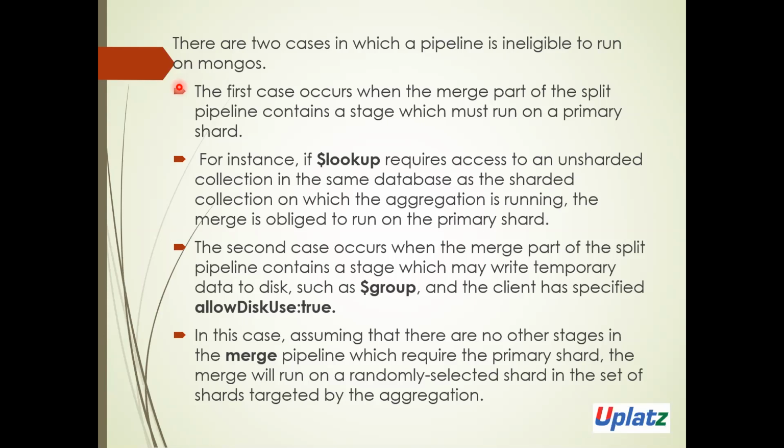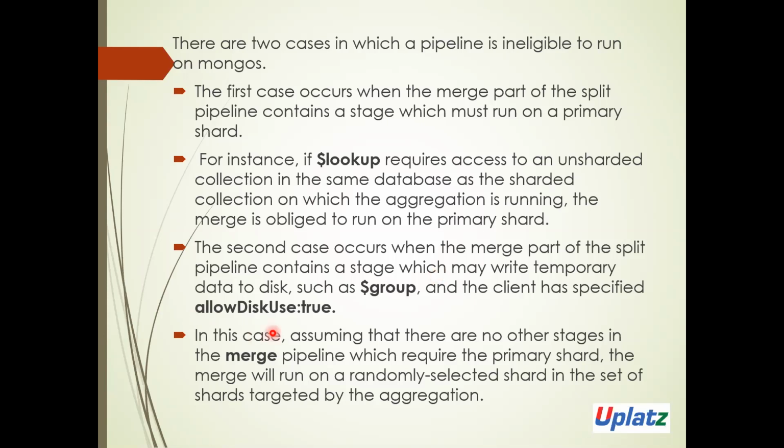But in the second case, how does it occur? The merge part of the split pipeline contains stages which may write temporary data to disk, such as group, and the client has specified allowDiskUse true. If this is true, it will split the aggregation stages and temporarily write data to disk, such as group, with allowDiskUse set to true.